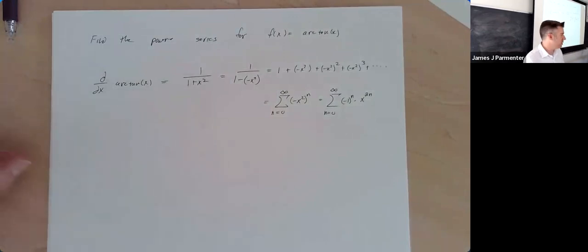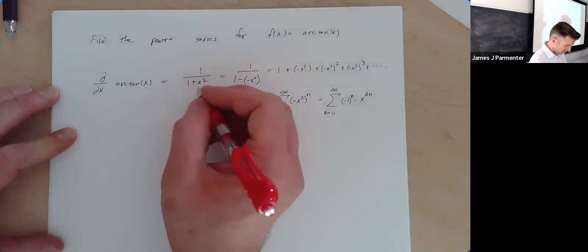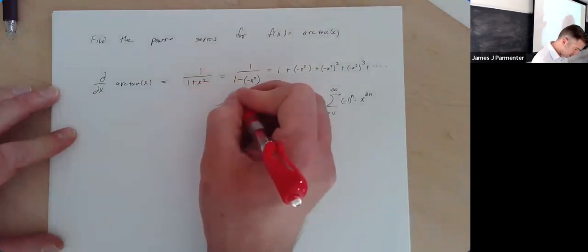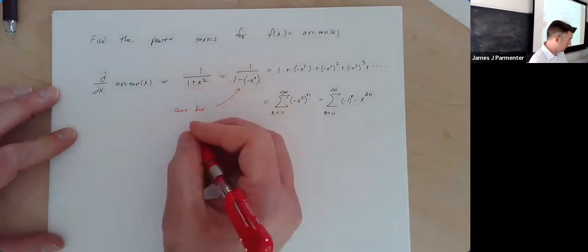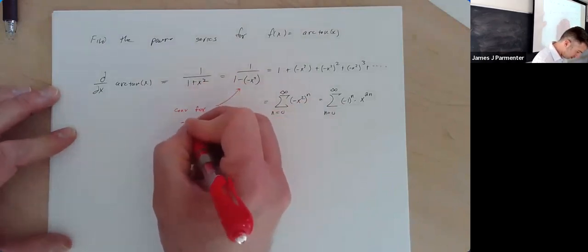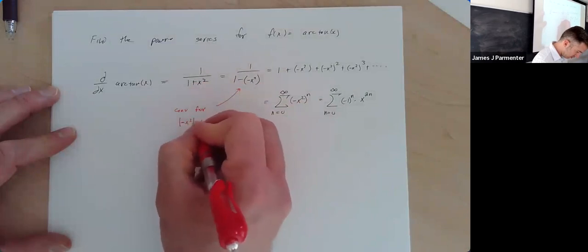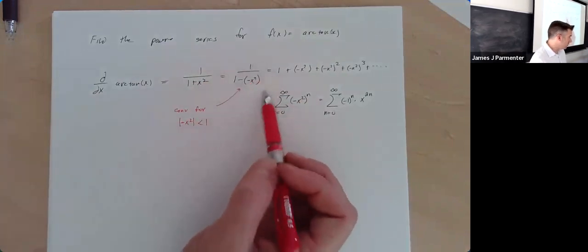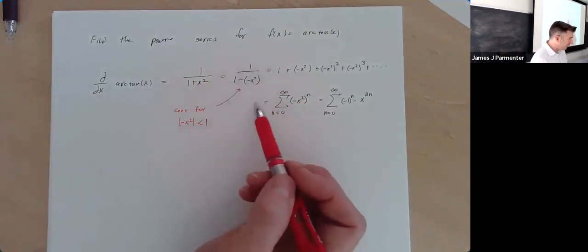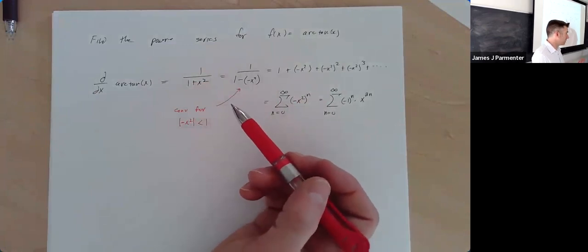I will also point out, it's always good to say, right, this series, the derivative here, definitely converges for my ratio, negative x squared, being strictly between 1 and negative 1, or the absolute value of negative x squared being less than 1. And if your thing looks like a geometric series, where it's 1 over 1 minus some stuff, you don't have to test the endpoints.